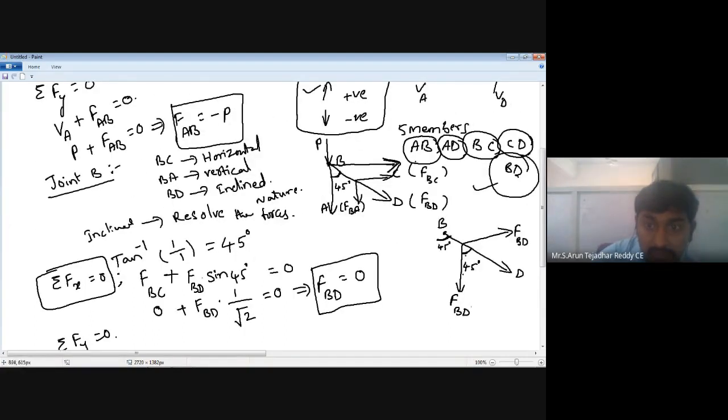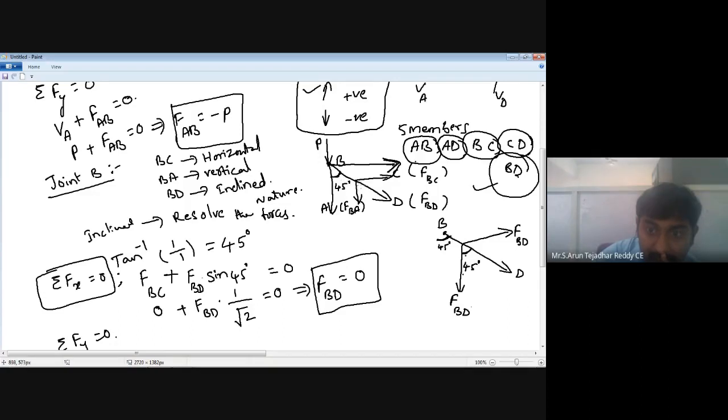In this diagram, how many vertical forces are acting? That is B to A, FBA, one vertical force, in the downward direction, take negative. The external load is acting in the downward direction, take negative, and after resolving, BD is also a vertical component. So this is also a downward direction, and here after resolving there is an angle.